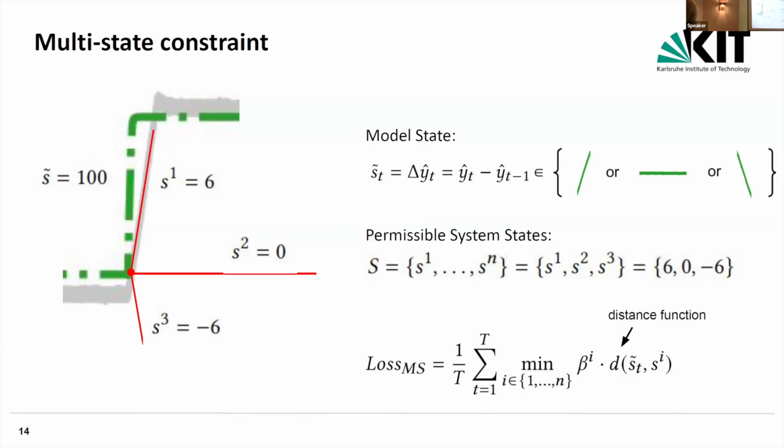Which of those three distances is the smallest? 100 minus 6 is 94, 100 minus 0 is 100, 100 minus -6 is 106. So our method will select the state S1, which is the ramp of slope 6.